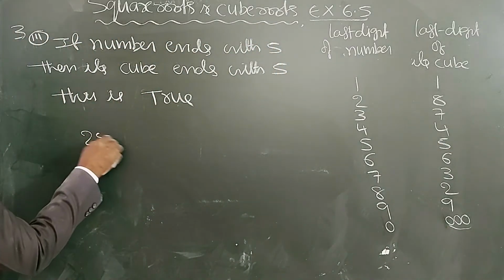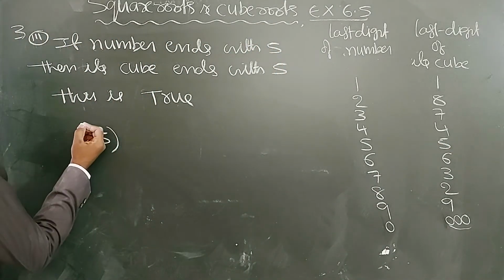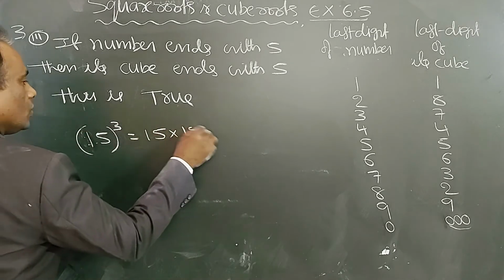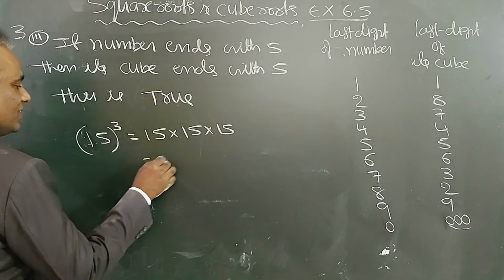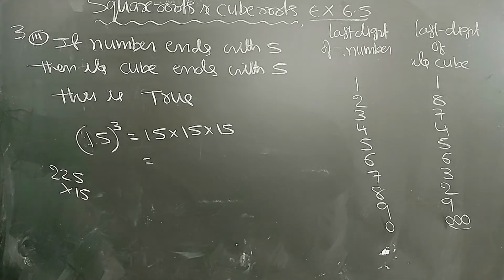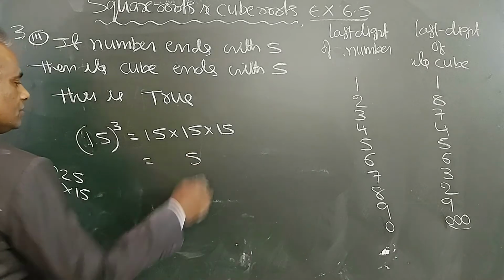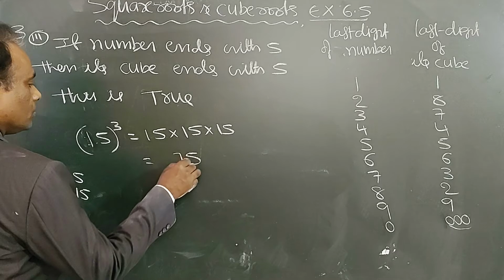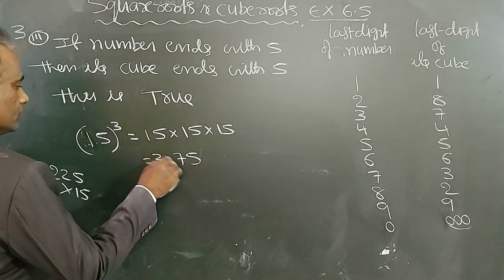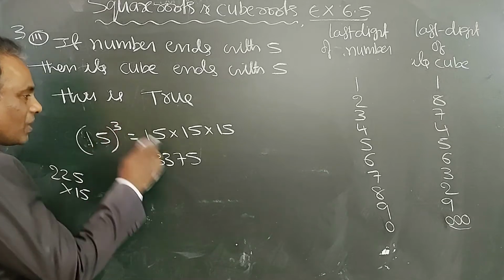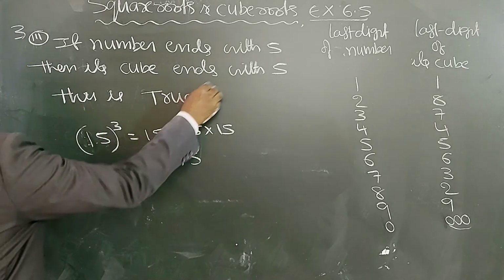Suppose we take 25 or say 15, 15 cube, 15 into 15 into 15. What is the answer, students? A number ending with 5, its cube also ends with 5. Correct. True.